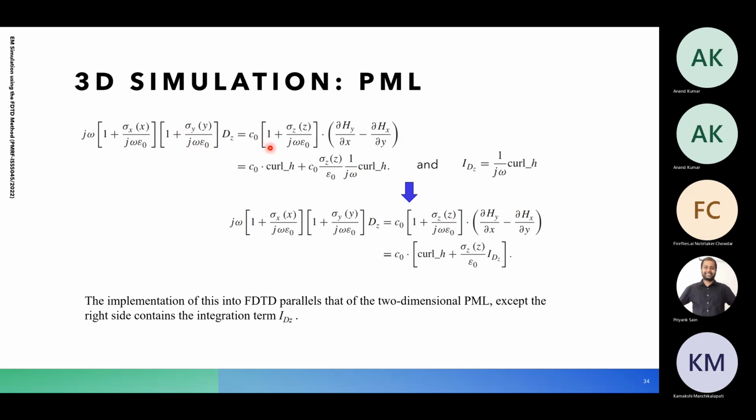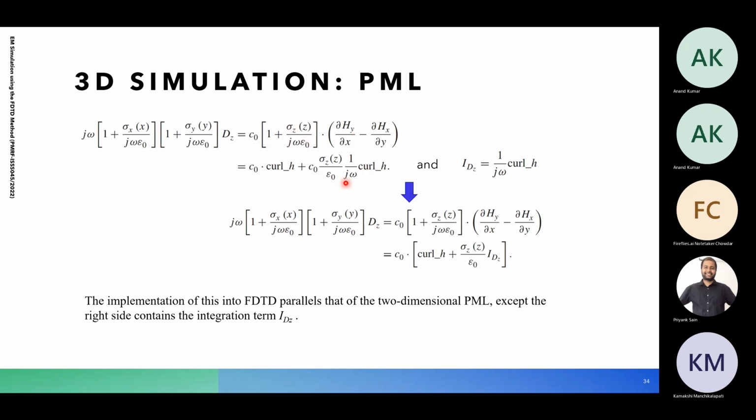We had three terms, taking one of them on the right hand side so that the inverse term goes away, and then expanding it, we have this c naught, this one multiplied by this term which we have renamed as curl of h, and then c naught into this coefficient and this curl of h.